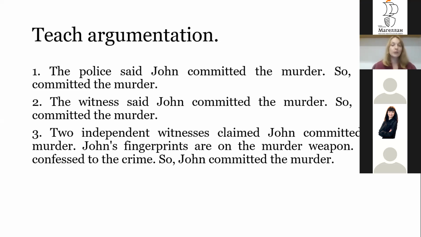And in the third one, we are trying to combine both more subjective and objective judgment. In this case, particularly, we talk about witnesses and independent witnesses, and we also found the fingerprints, we also found the weapon. This example aims to illustrate the idea behind academic writing as well.